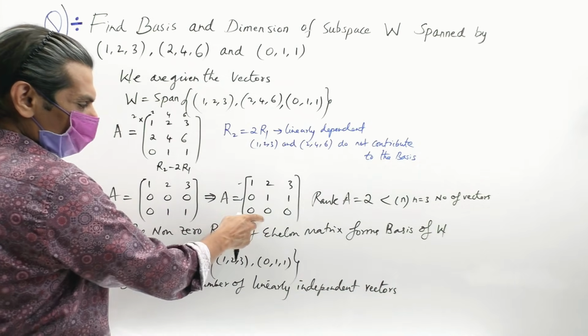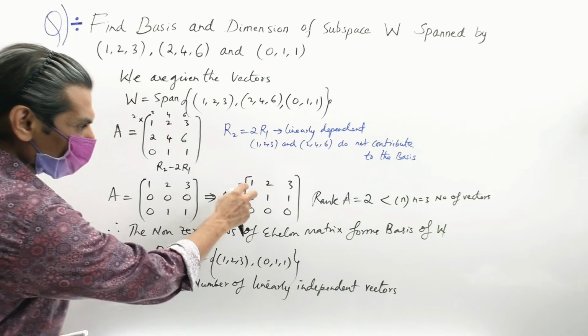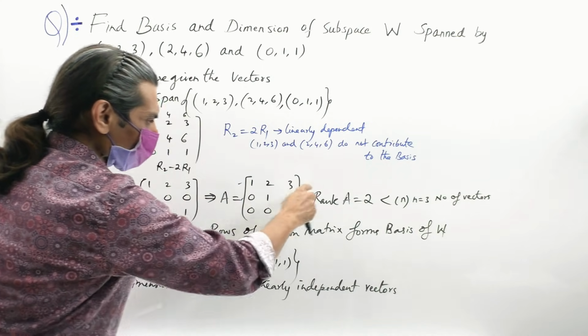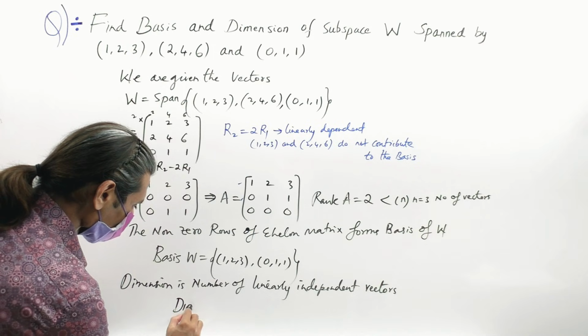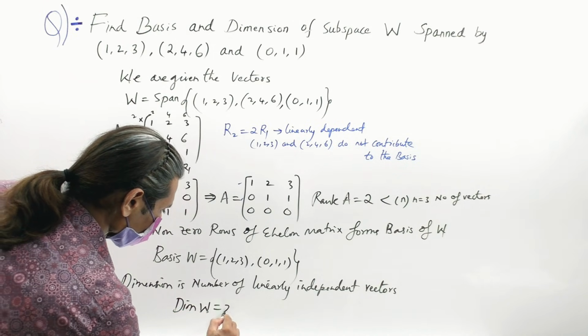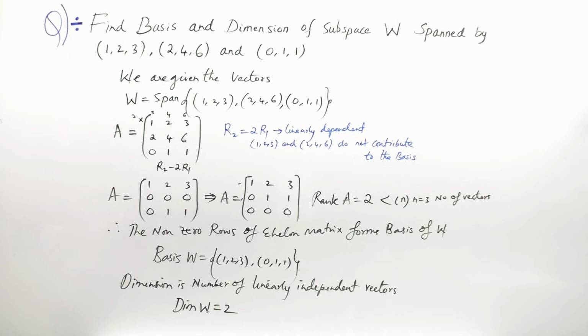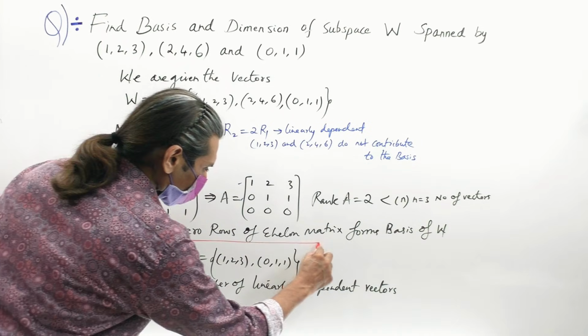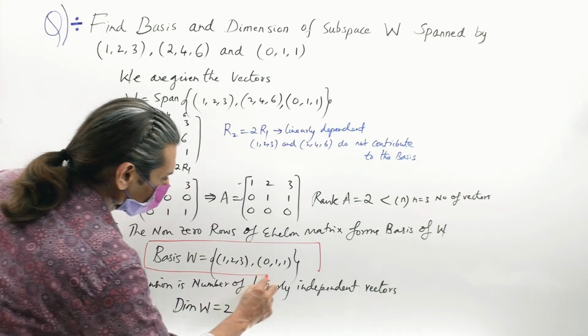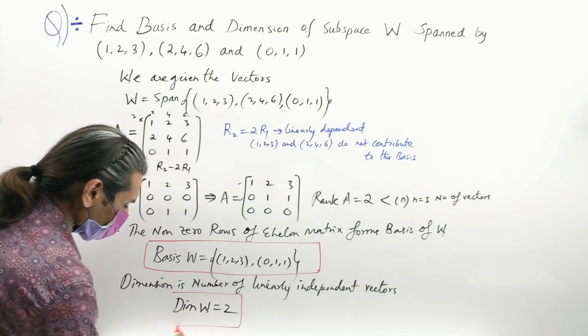As you see here, the full row is 0. So the vectors are (1, 2, 3) and (0, 1, 1), so their number is 2. Therefore the dimension of W is equal to 2. So from this we got both the basis and dimension. Let's underline it: the basis is (1, 2, 3), (0, 1, 1) and the dimension is 2.